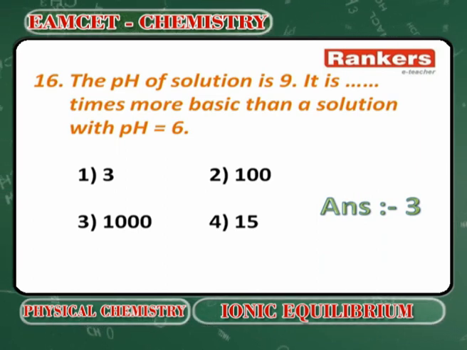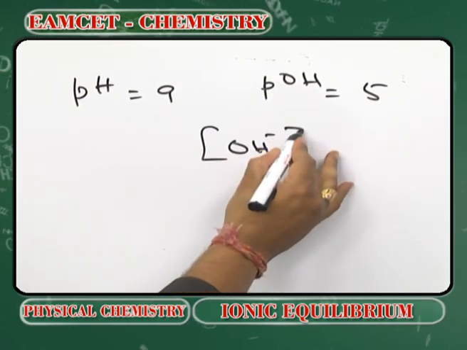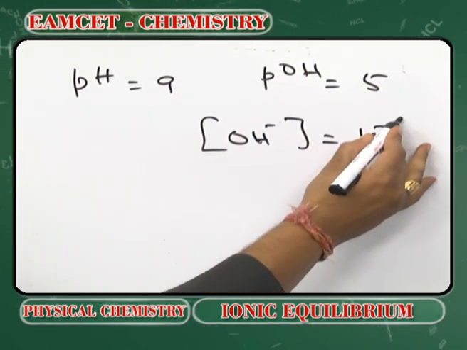The pH of the solution is 9. How many times more basic is it than the solution with pH equal to 6? Obviously it is 1000 times. For pH equal to 9, pOH will be equal to 5 and the OH minus ion concentration will be 10 to the power of minus 5.